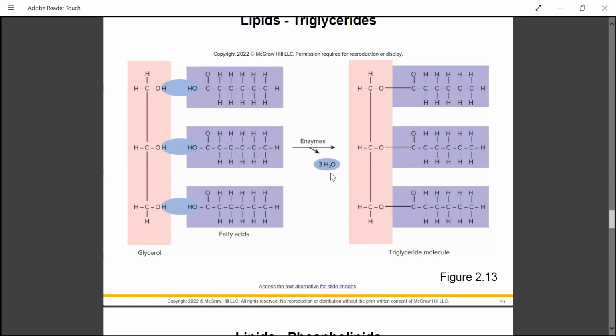We lose 3 water molecules. You'll see our HOH, HOH, HOH. We lose those as water molecules. And now we have our oxygen bonded to the carbon. So our triglyceride, we have 3 fatty acids that are bonded to a glycerol.